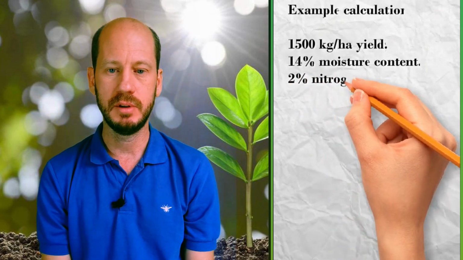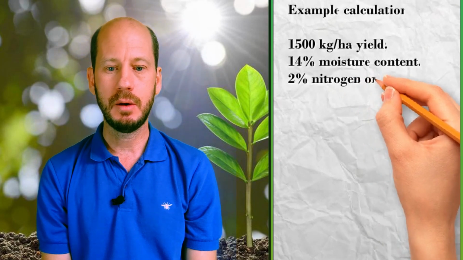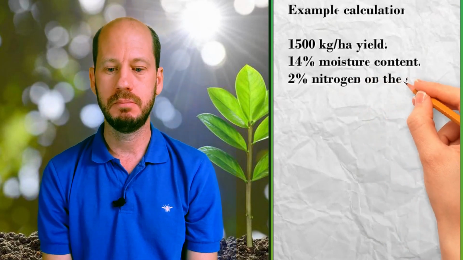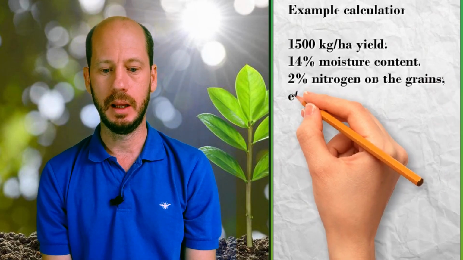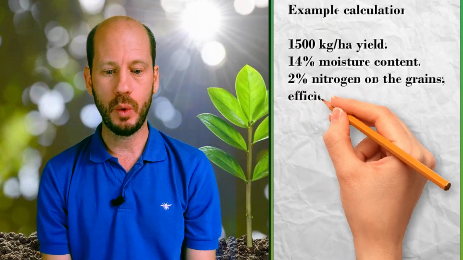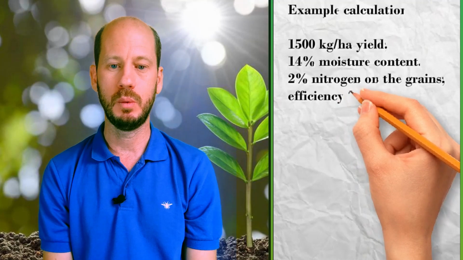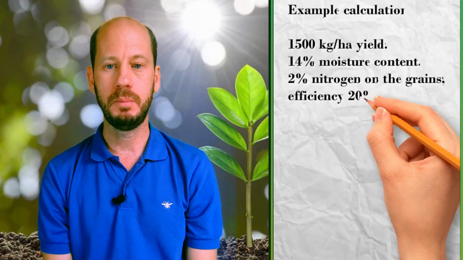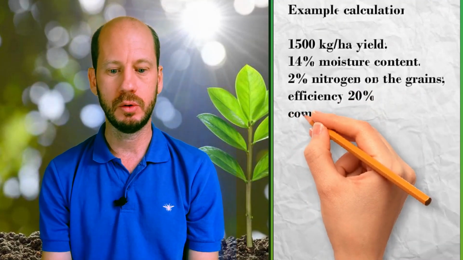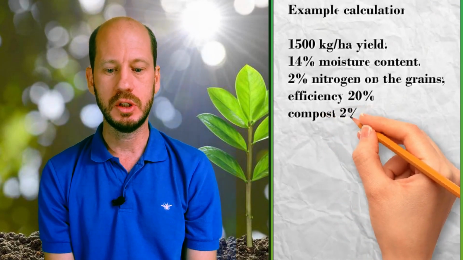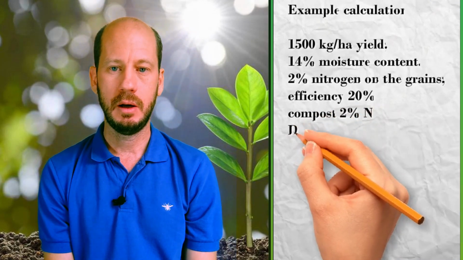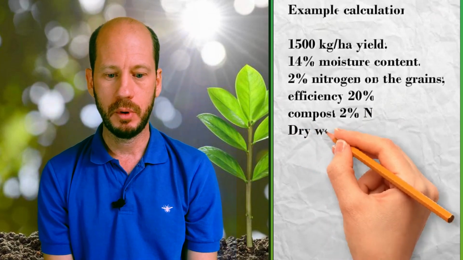It's just for the sake of the example. And the grains will have 14% moisture. So to get the dry weight, you just have to divide the 1,500 by 1.14, which is 1 plus the moisture content, and then you will have the amount of dry weight, 1,315 kilograms of dry weight per hectare.